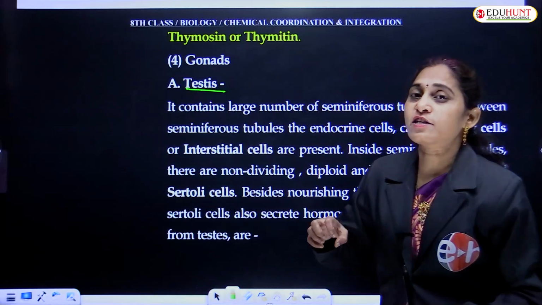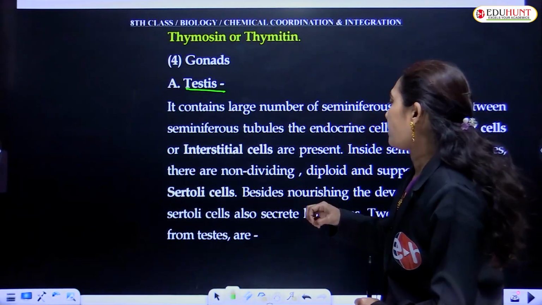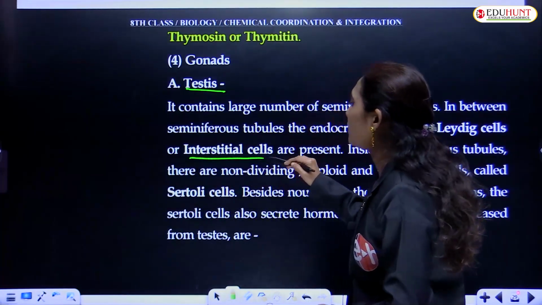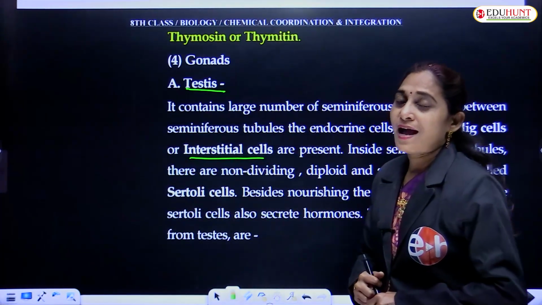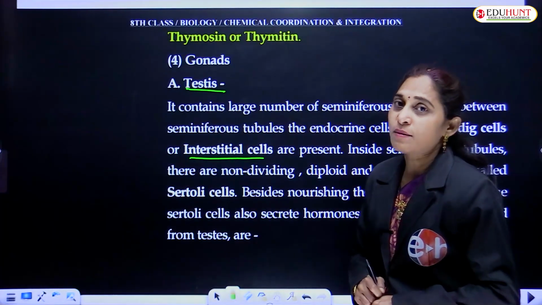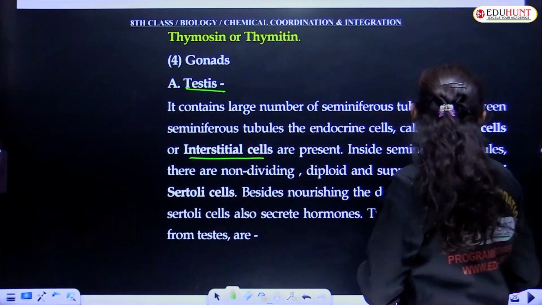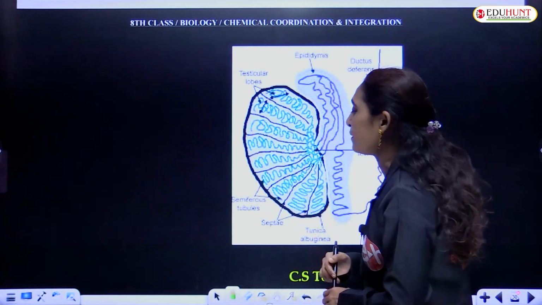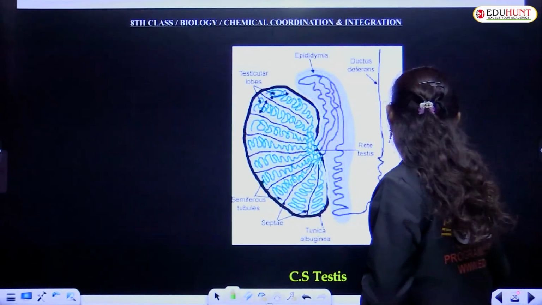Particularly the luteinizing hormone stimulates the production of the male hormone from the interstitial cells. That is why it is also called interstitial cell stimulating hormone. These interstitial cells are present in between the seminiferous tubules of the testis.